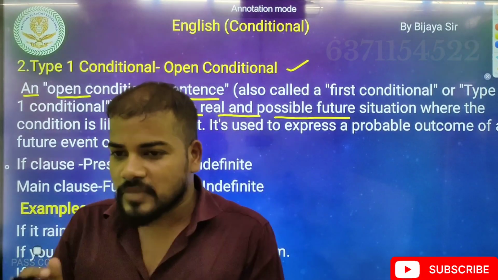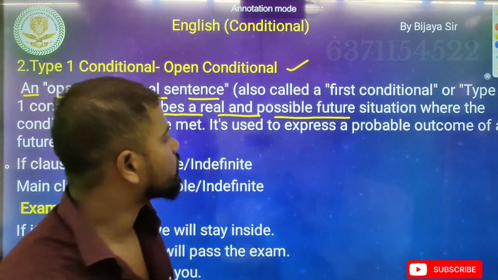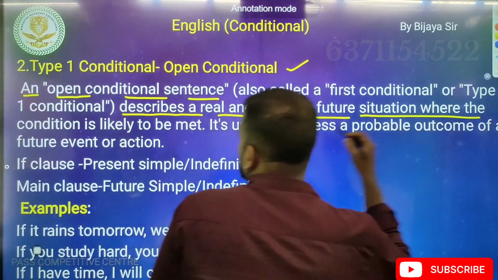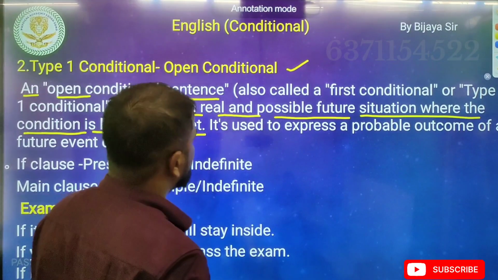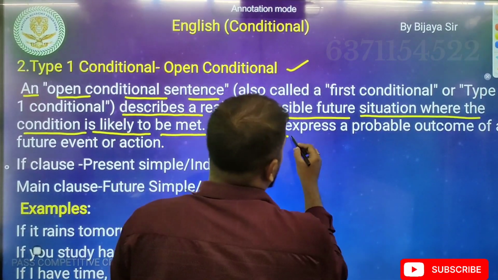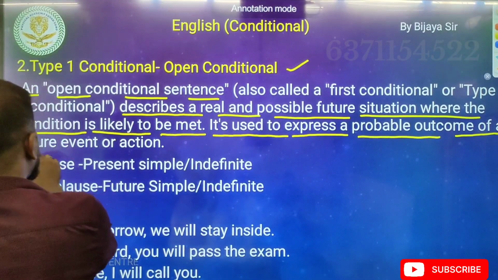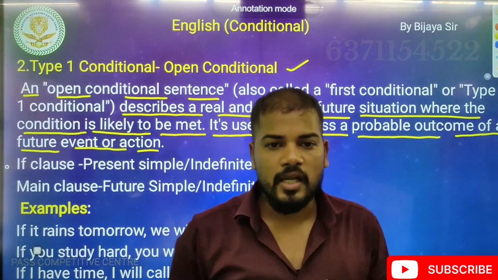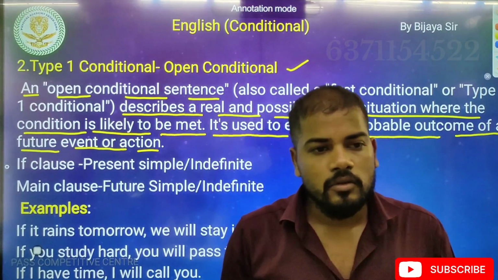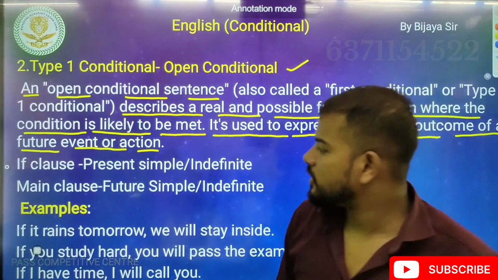It expresses a future possibility which is going to happen, where the condition is likely to be met. It's used to express a probable outcome of a future event or action. So the first type conditional will represent a future possibility which is going to happen.